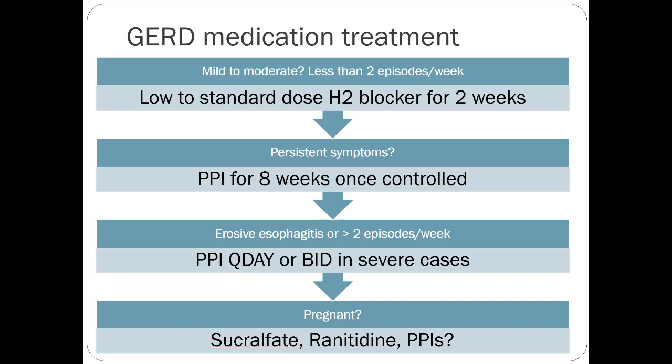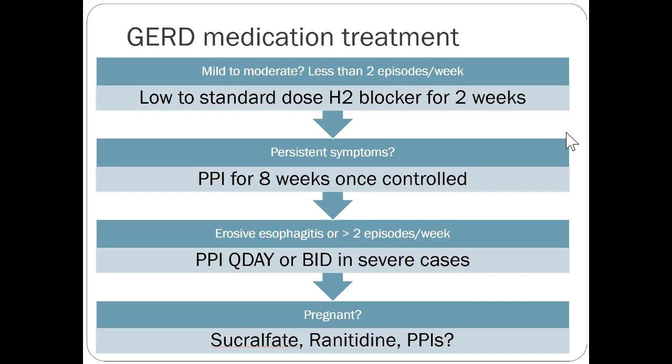If you have persistent symptoms, or you don't meet this criteria, like more than 2 episodes a week, then you probably want to go straight to the PPI, and you're looking to use it for 8 weeks. If they had really severe symptoms, then you might consider the BID dosing of the PPI, but once daily is generally fine for most patients.